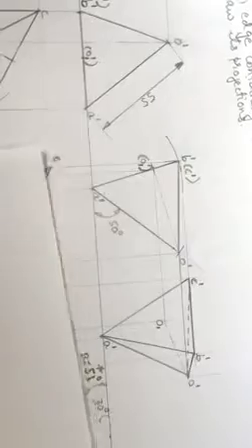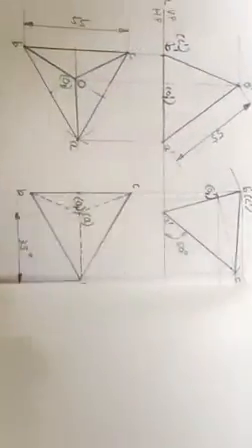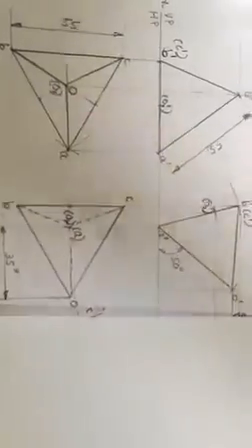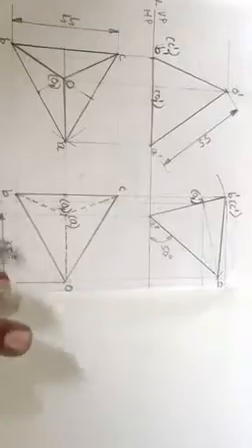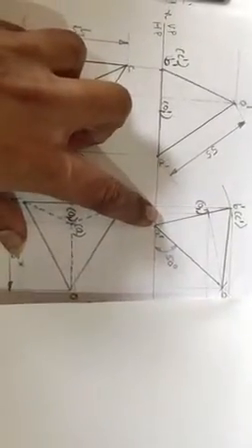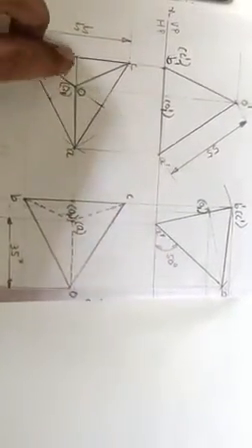Okay. So now you have to get the top view. Getting top view is very easy. What you have to do? You will have to match the points. Okay, like what you have been doing up till now. So you draw vertical A line.